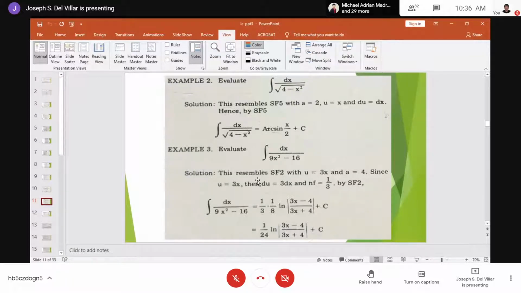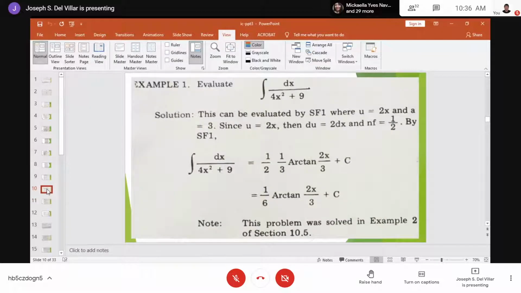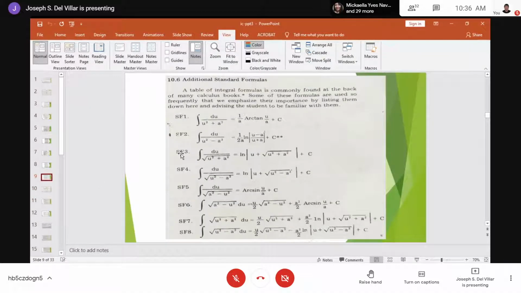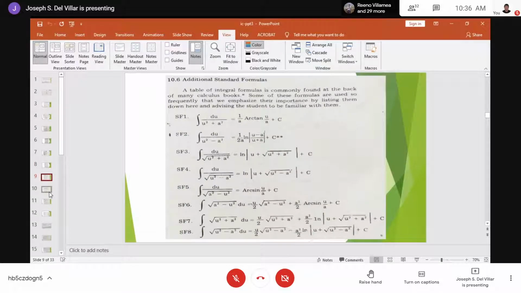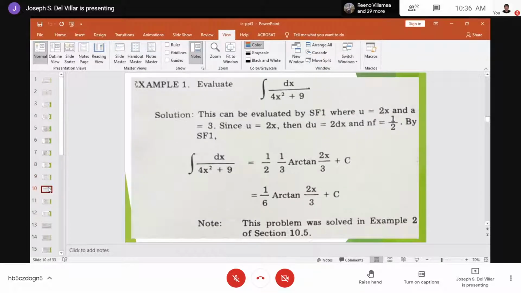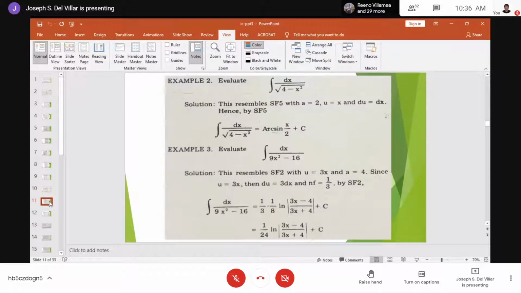So a sine theta. And if you apply the formula here, what was the problem earlier? Four minus x squared, and the square root of 4 minus x.